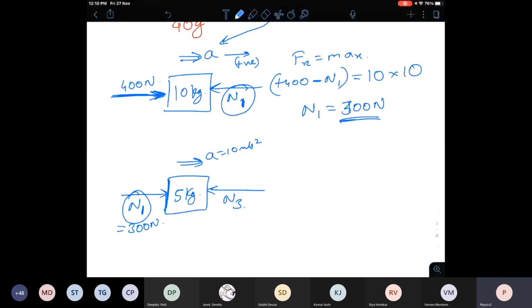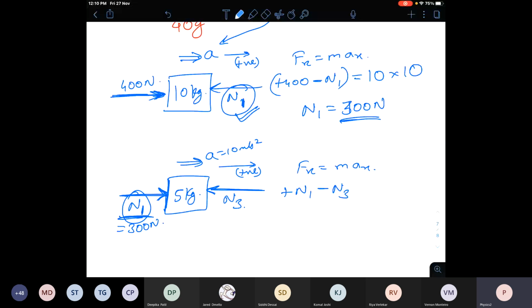So simple again, Fx is equal to max, where the direction of acceleration is considered positive. Fx will be plus N1, because N1 is in the positive direction now. Earlier N1 was representing the reaction, that is why it was in the negative direction, but now it is representing the action, so it is in the positive direction. And N3 is in the negative direction, so minus N3.